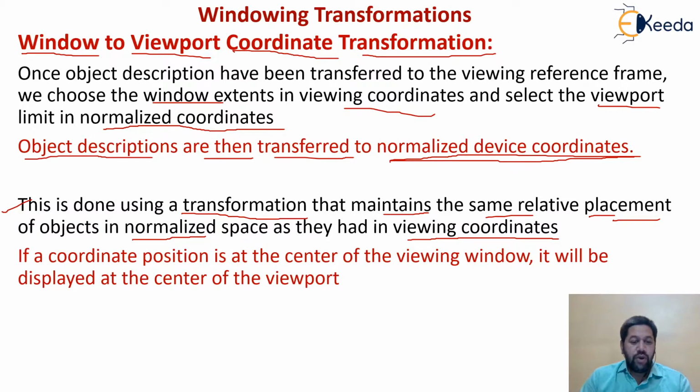Now, for example, if a coordinate position is at the center of the viewing window, suppose the object is displayed at the center of the window in the world coordinate system.